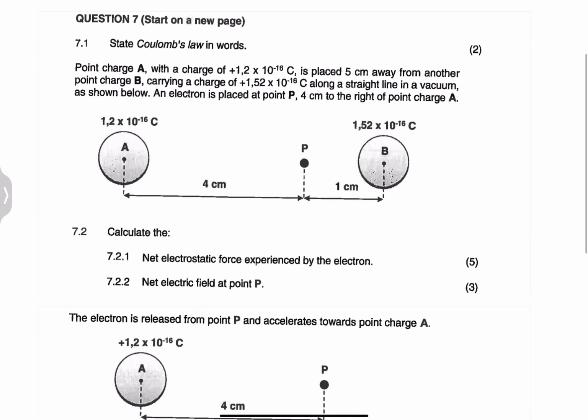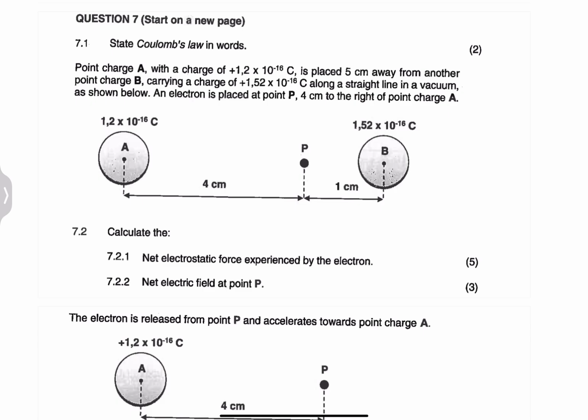All right. They say to us, we've got point charge A with a charge of positive 1.2 times 10 exponent negative 16, placed 5 centimeters away from another point charge, which is B, carrying a charge of 1.52.